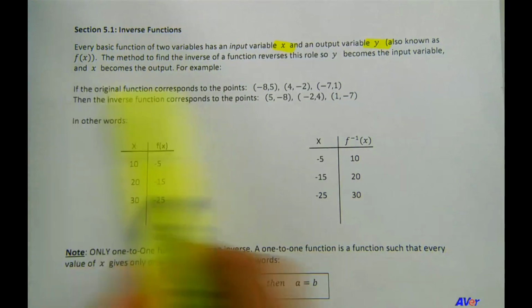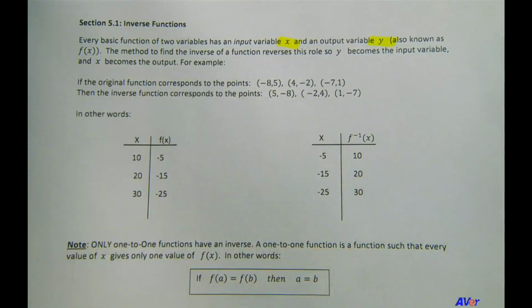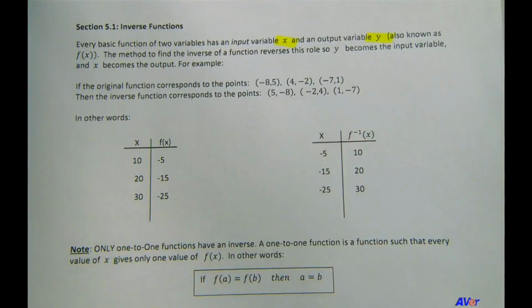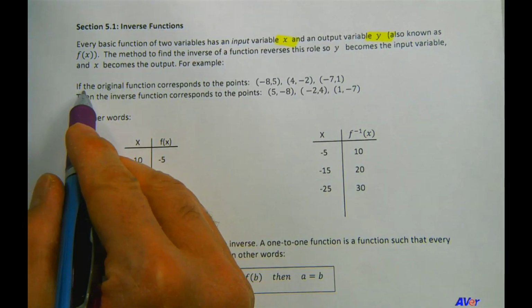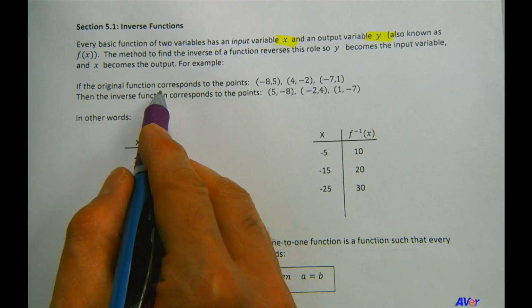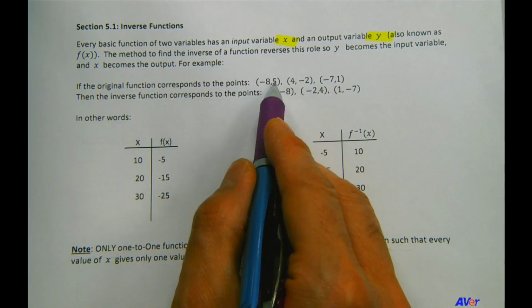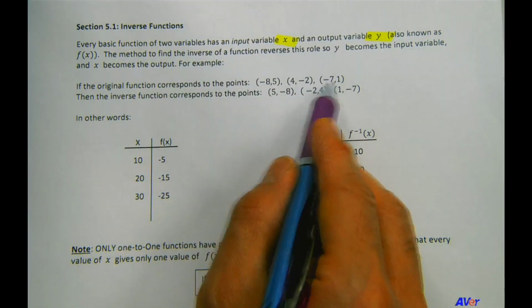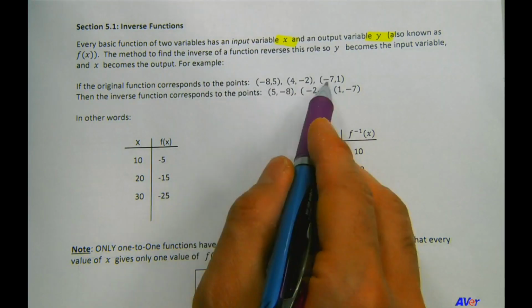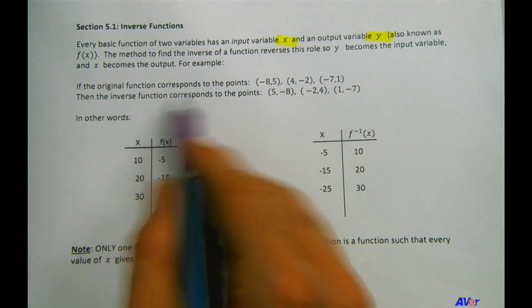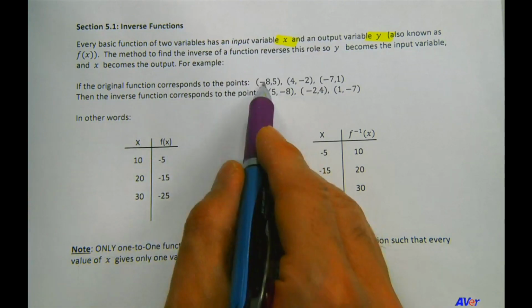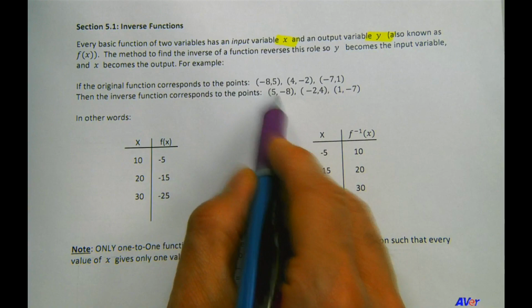I've shown that in this example right here. If the original function corresponds to these points, -8, 5, 4, -2, -7, 1, then the inverse function corresponds to these points. Visually compare them.